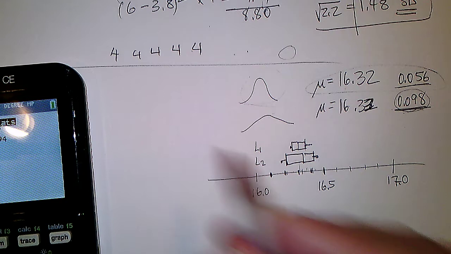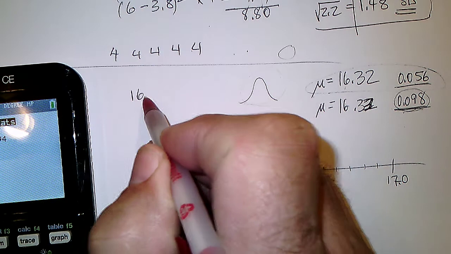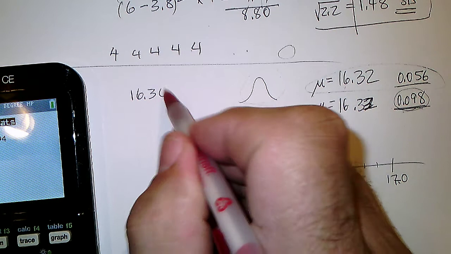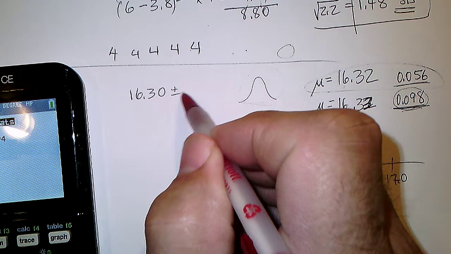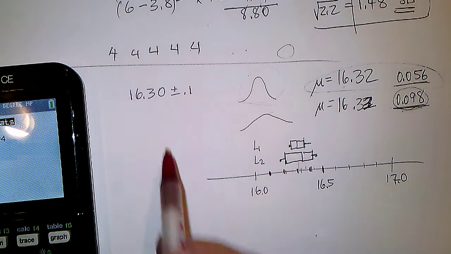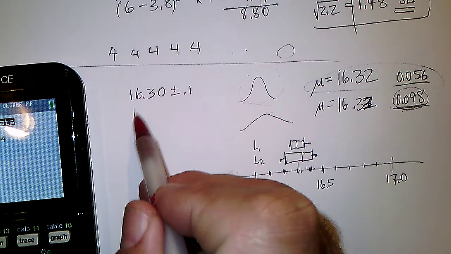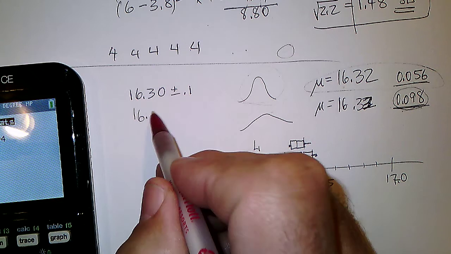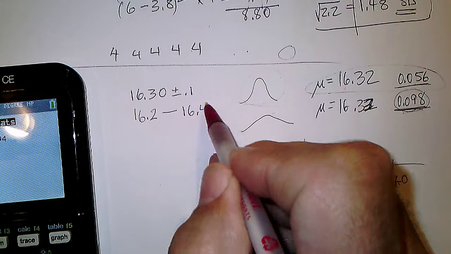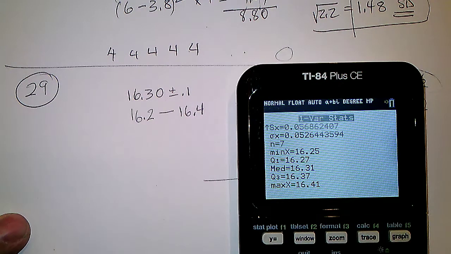Now they said it was supposed to be 16.30 with a tolerance of plus or minus 0.1. So they need them to be somewhere from 16.2 to 16.4.